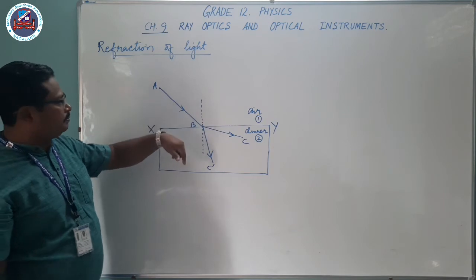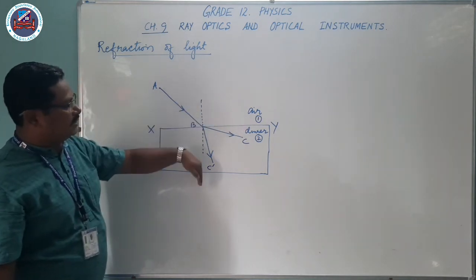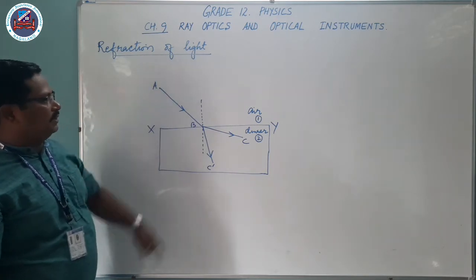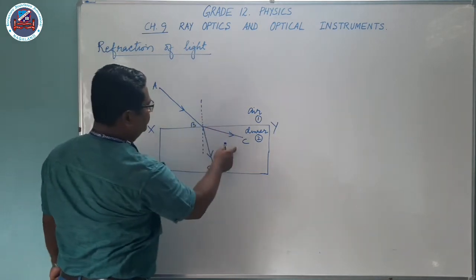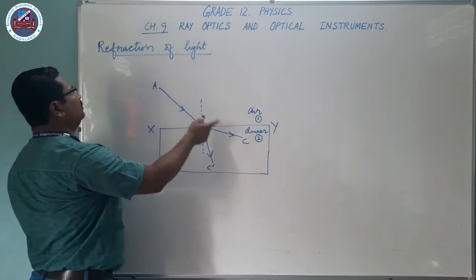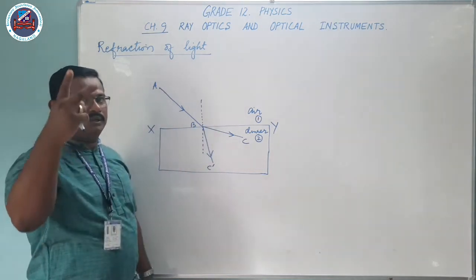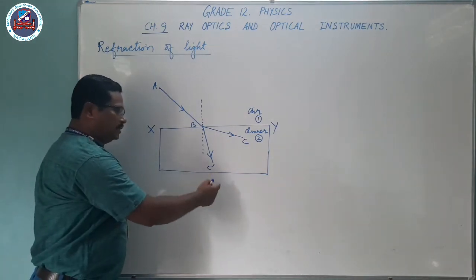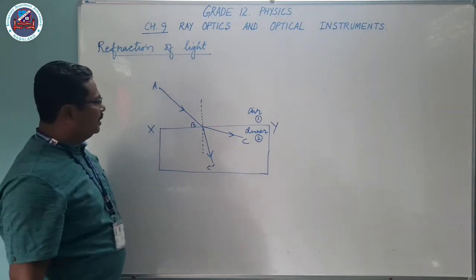Think in the beginning that this bending of light, either like this or like this, we call refraction of light. But you must be very sure that it is in two media. In one medium alone, refraction cannot take place. A minimum you require two media. Again, from glass to air also it can go the same way. It will bend and go away or towards the normal.